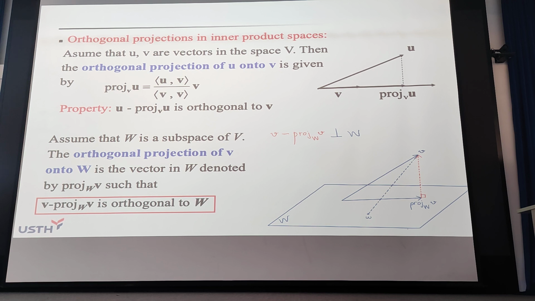And we require that V minus projection of V on W, that is the red vector going from here to Z, must be orthogonal to the subspace W here. That is what we require.